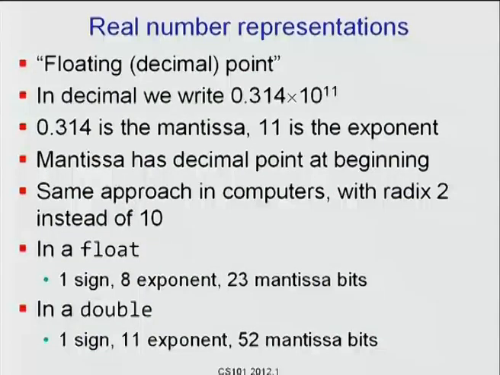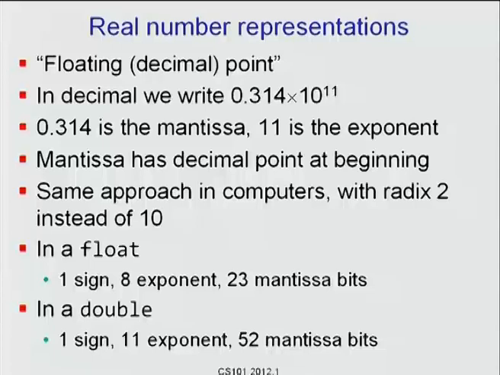So in computers, when we write floating point numbers, the mechanism is the same. There is a fractional mantissa with a sign, and then there's an integral exponent like 11 here in the decimal case. Okay. There are 2 primary floating point numbers provided in standard computers. One is a 32-bit float and the other is a 64-bit double. In a 32-bit float, 1 bit is allocated for the sign. Okay.